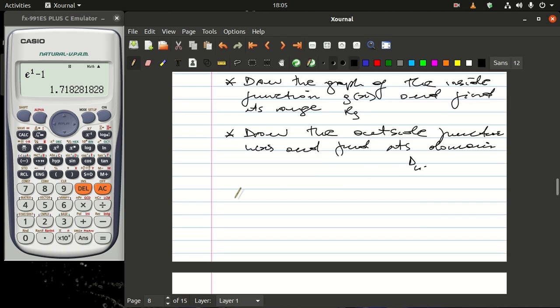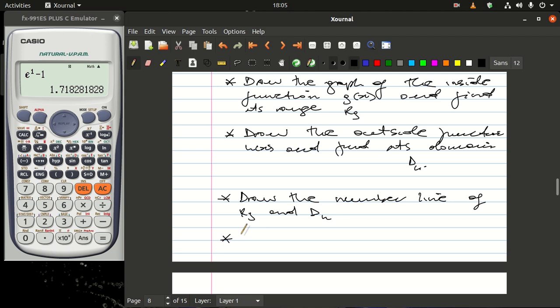The next step is very simple here. Draw the number line of the range of g and the domain of h.